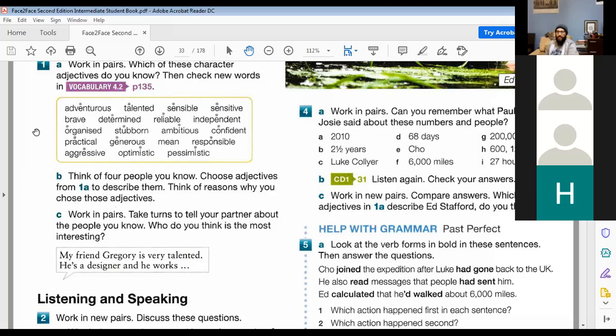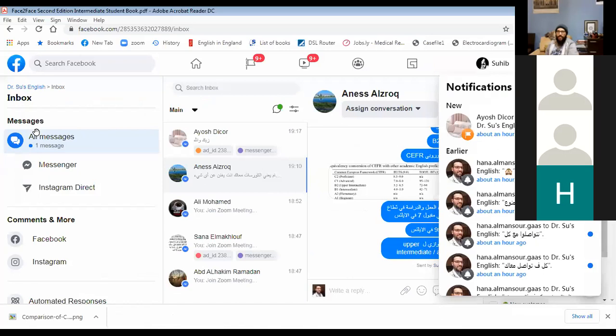And she is practical and sensitive. Yeah. Okay, so you think she's sensitive? Yes, sensitive. But why do you think she's sensitive? Because it's a bit of a strange combination, confident and sensitive.